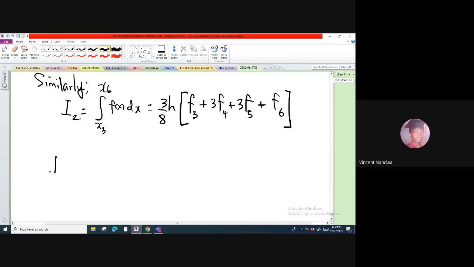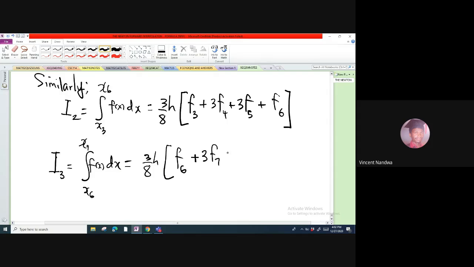Then I3 will be x6 to x9, so it will be 3/8 h into f6 plus 3f7 plus 3f8 plus f9.